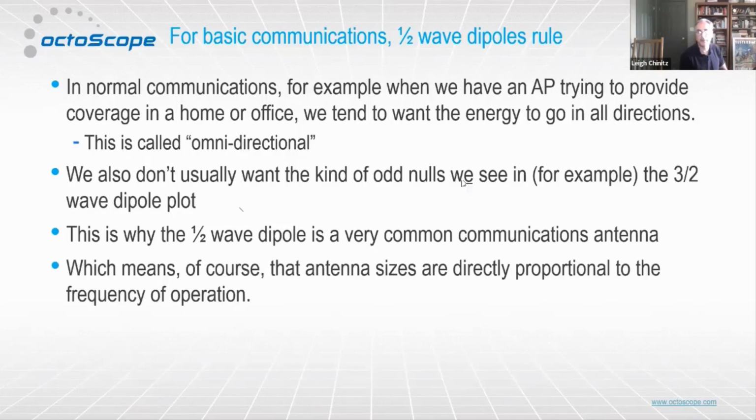And the whole purpose of this discussion is to point out that the size of antennas is directly proportional to the wavelength, and so related to the frequency at which they're operating. As I said before, the frequency is related to the wavelength. We've just talked about why it's important to use antennas like half-wave dipoles, meaning that whatever frequency you're operating at is directly related to the size of the antennas.